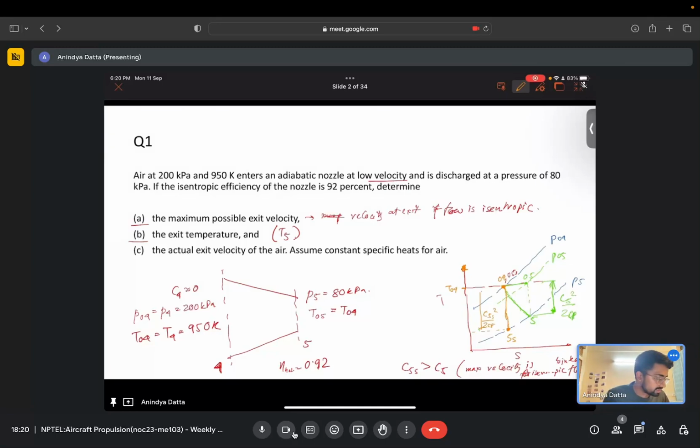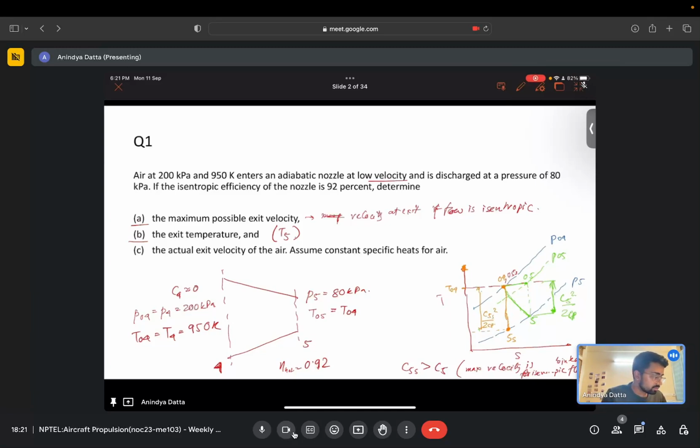Okay, so this is the static state 5s, and the stagnation state corresponding to 5s will also be this same orange point, because the stagnation temperature at both 5 and 4 is the same. T04 is equal to T05. Okay, so the temperature difference between this point 04 or 05s and this 5s will be equal to C5s square by 2cp, the velocity square by 2cp.